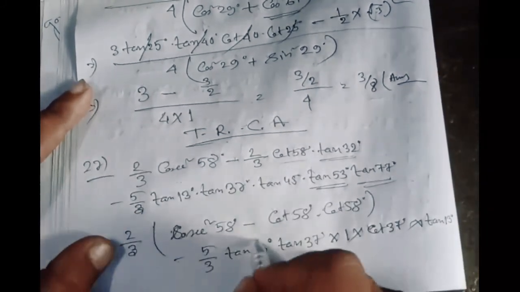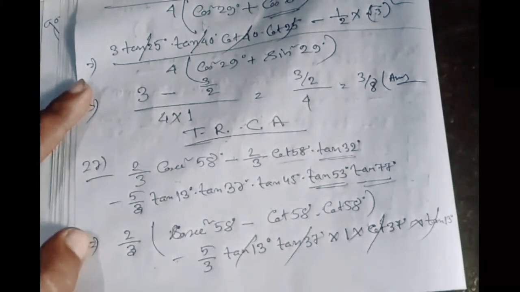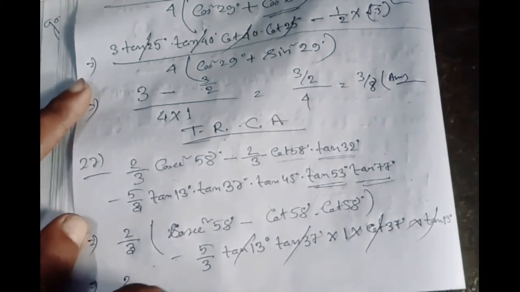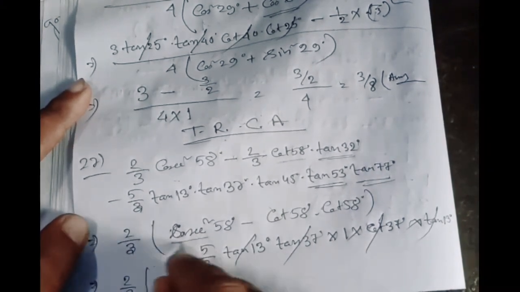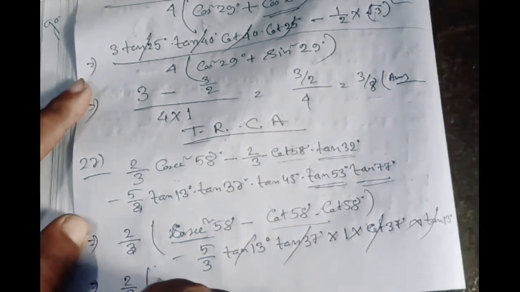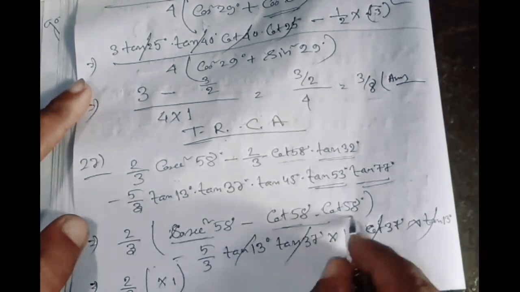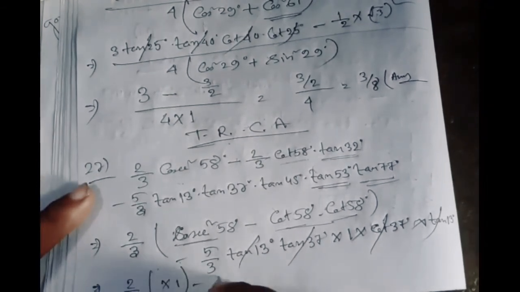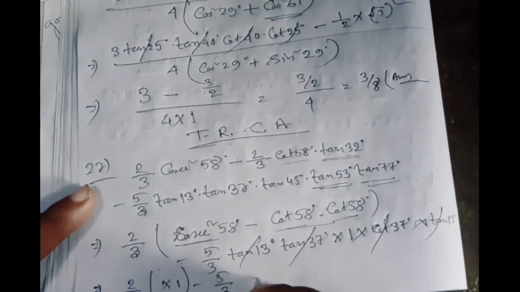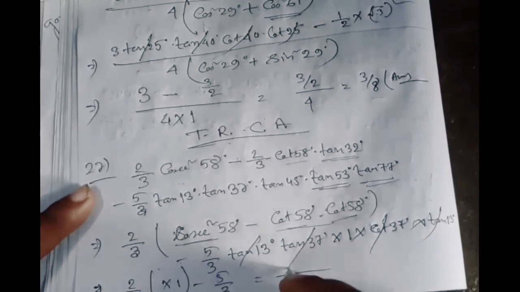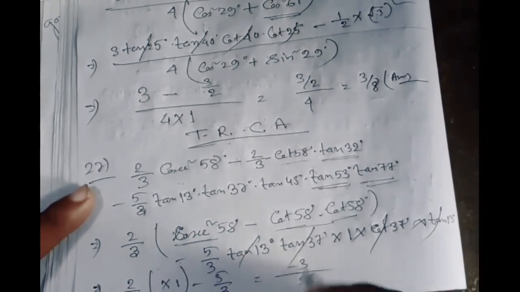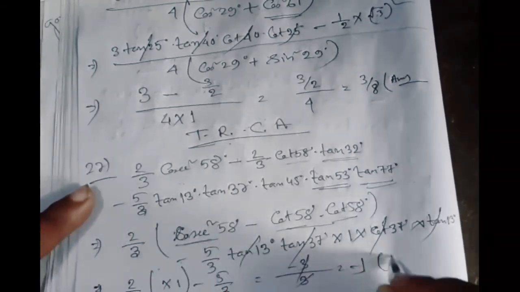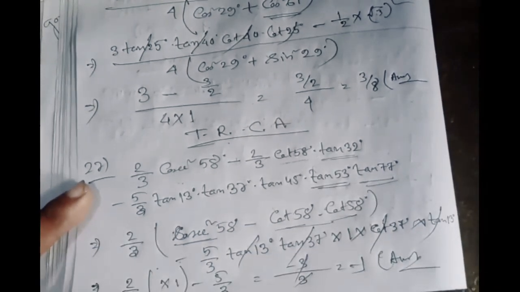Okay, these are cancelled. Now this is 2/3 into cosec square theta minus cot square theta, that equals 1, and cot into cot gives 1, minus 5/3. If we do the calculation, we will get minus 3/3. That means minus 1 would be the answer.